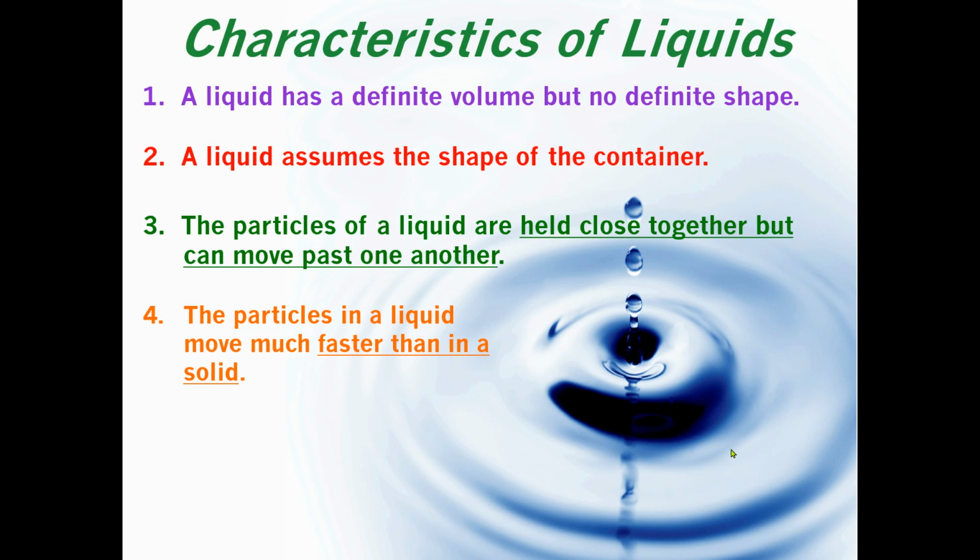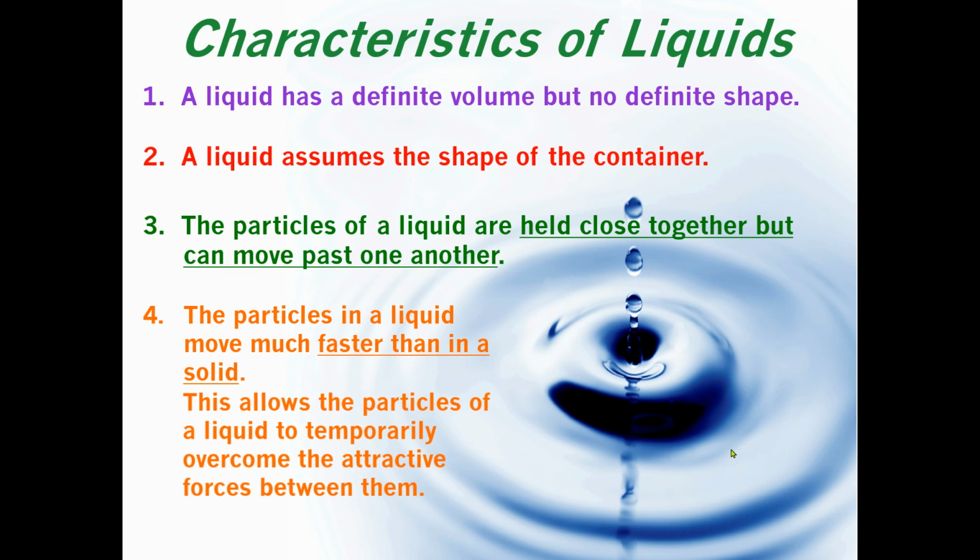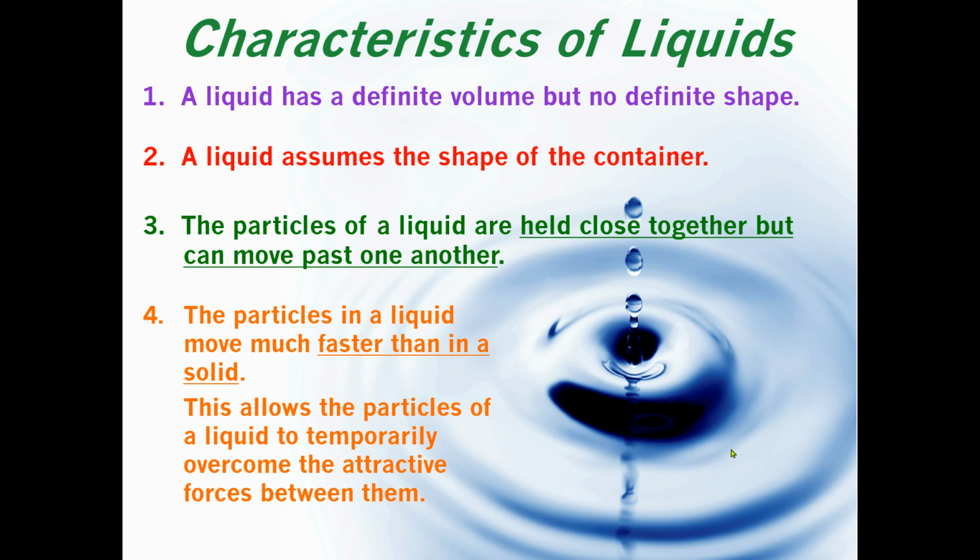The particles in a liquid move much faster than in a solid. That's because they have more kinetic energy. This allows particles of a liquid to temporarily overcome that attractive force between them. They still are attracted to each other, but they're at least able to space out a little bit more.